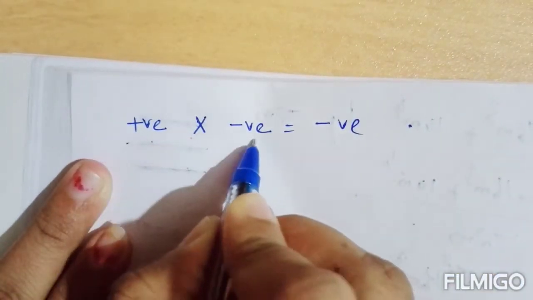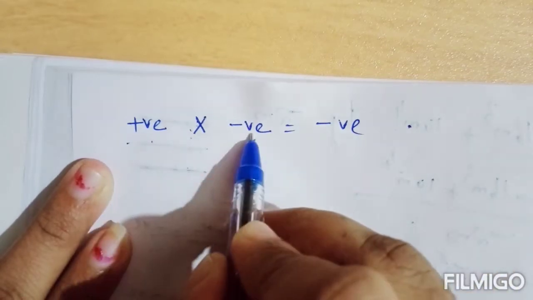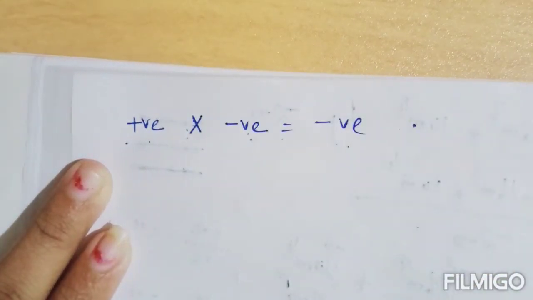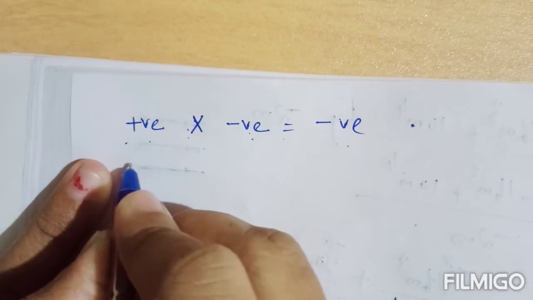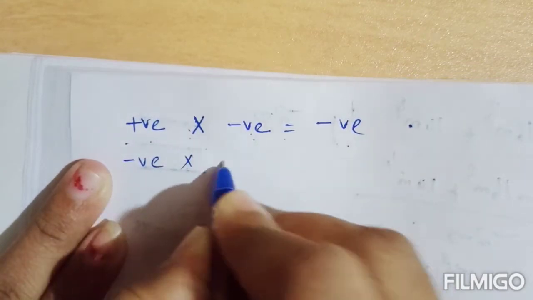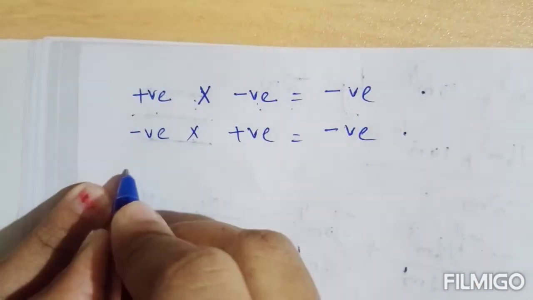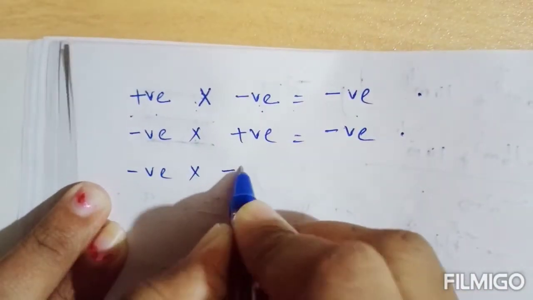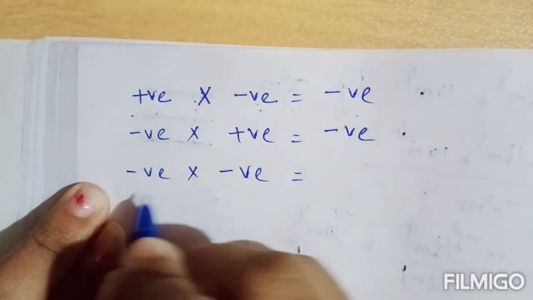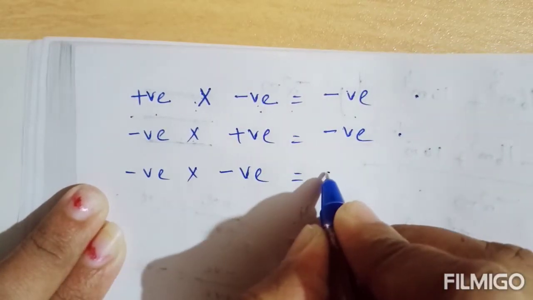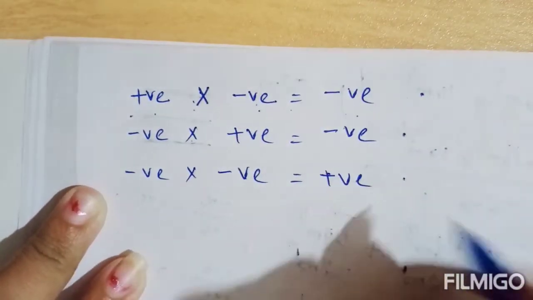Positive number on multiplying by a negative number, you will get a negative number. Okay. Now negative into positive also you will get a negative. Now negative into negative, two negative numbers if you multiply you will get a positive number as answer.